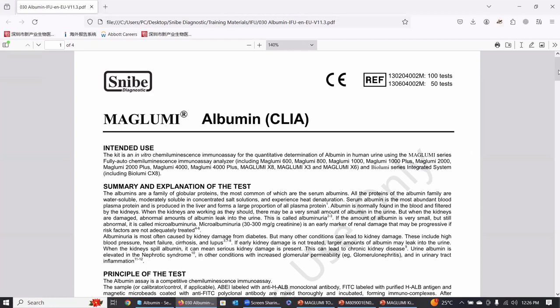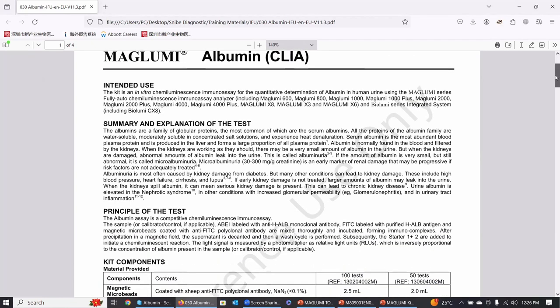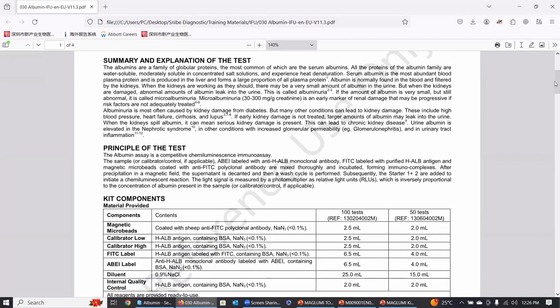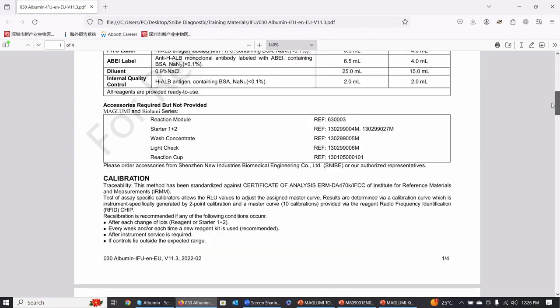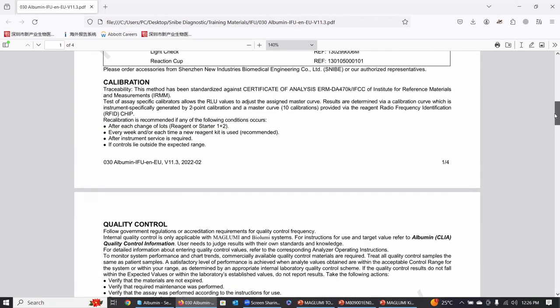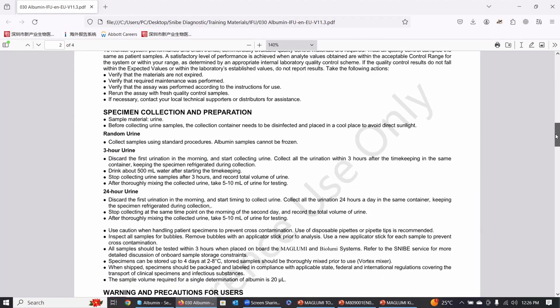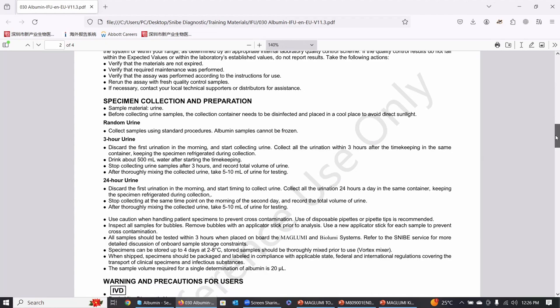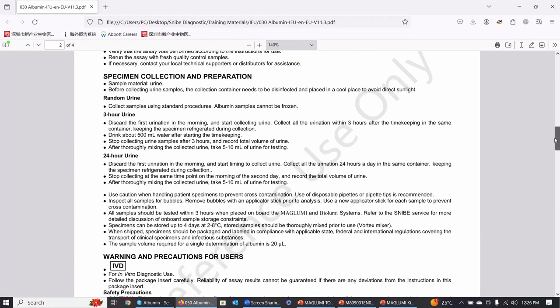In human urine, random urine cannot be frozen using standard procedures. Discard the first urine, drink about 1.5 after starting the timekeeping, 3 hours.